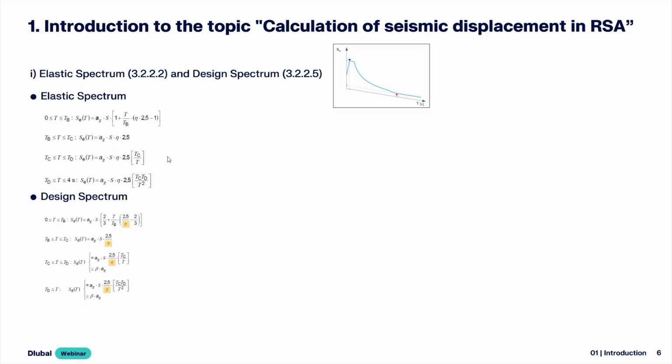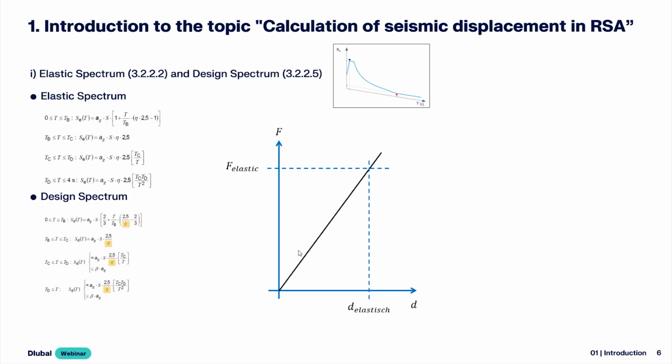The big difference is that the design spectrum contains the letter q, which is called the behavior factor. It is a description of the characteristics of the structure regarding material and structural configuration, which can also be translated into how it behaves in the inelastic range. Let's take a quick review of the difference between elastic and inelastic.